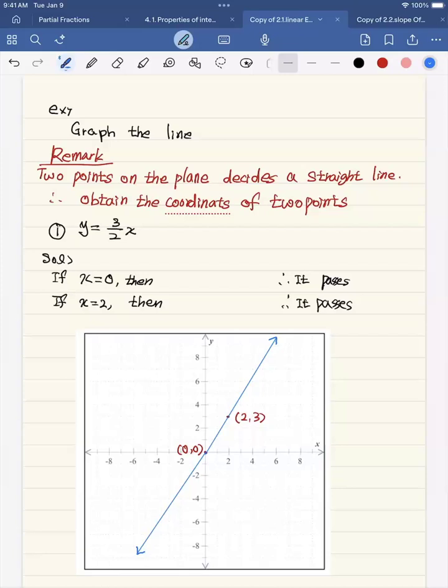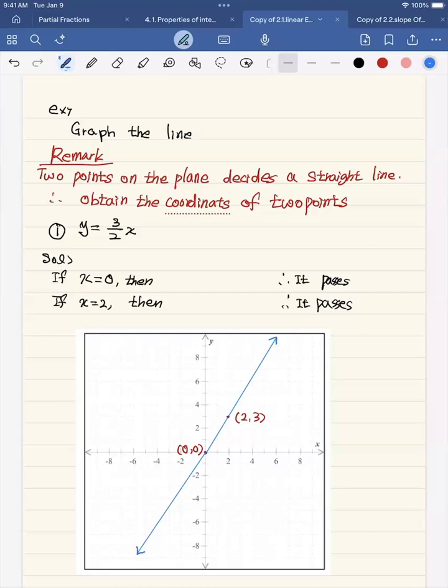In this problem, we want to learn how to graph the line when the equation is given. As I said, 2 points on the plane decide a straight line uniquely. So as long as we can identify 2 coordinates, then we can identify 2 points on the straight line. By joining those 2 points, we can get the straight line.